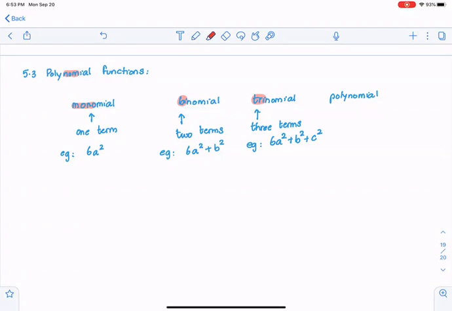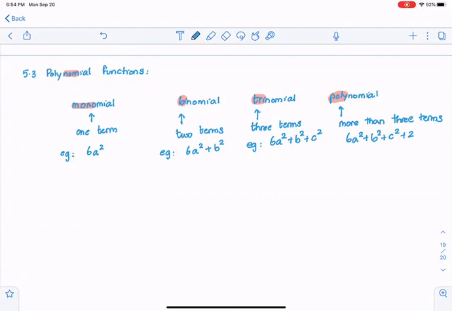Lastly, polynomial would mean multiple terms, more than three. So 6a squared plus b squared plus c squared plus 2.